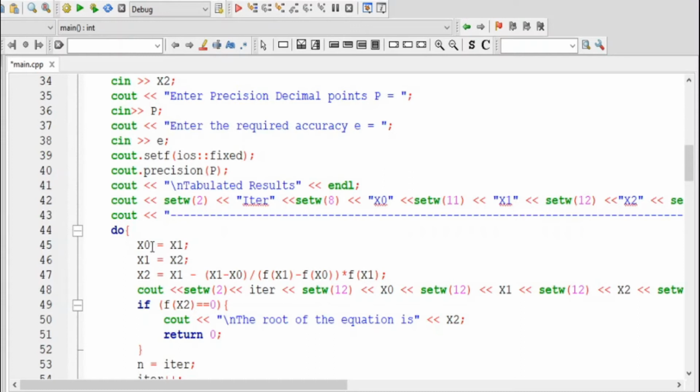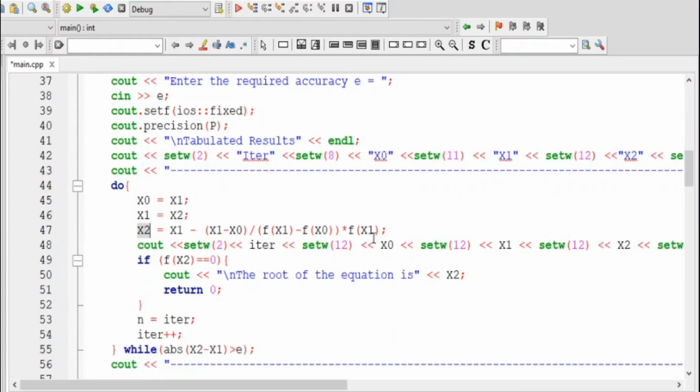Now let's do the loop. Let's equate x sub 0 is equal to x sub 1, x sub 1 is equal to x sub 2, and then we will perform x2 is equal to x1 minus x1 minus x sub 0 divided by the function of x sub 1 minus function of x sub 0, times the f of x1.